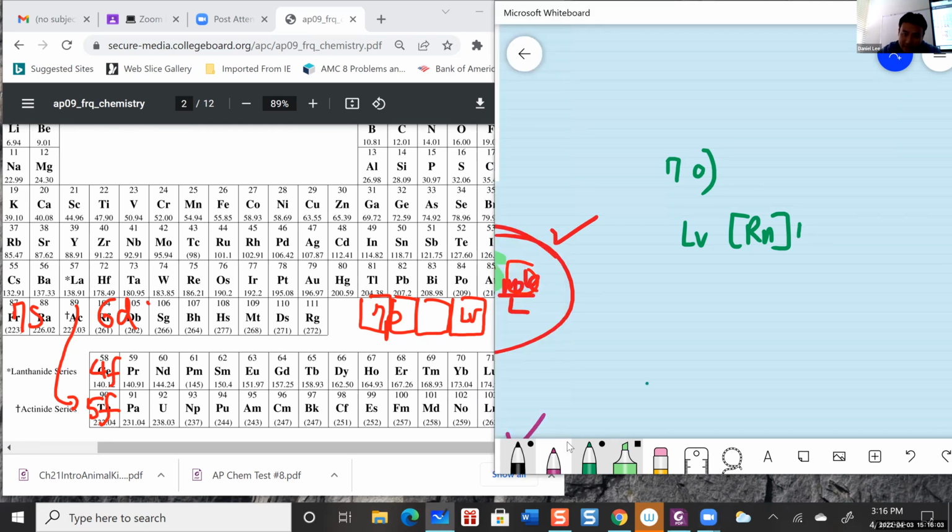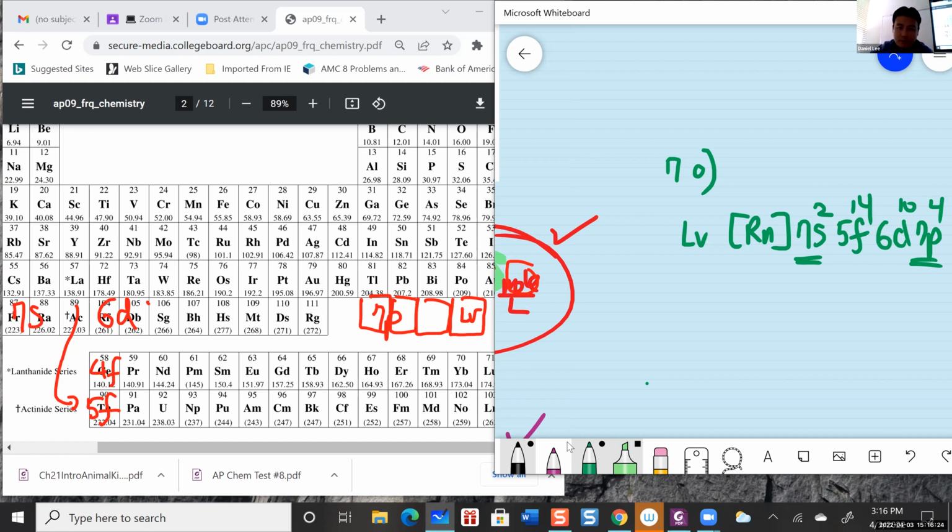So this would be 7S2, 5F14, 6D10, and 7P4. That's the answer. So you have 6 valence electrons. The highest S and P electrons are the valence electrons.